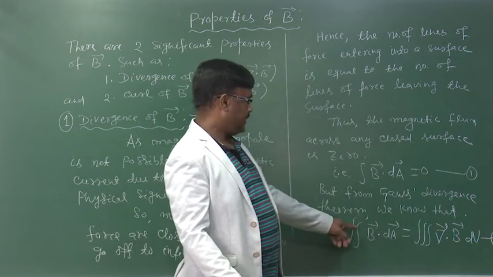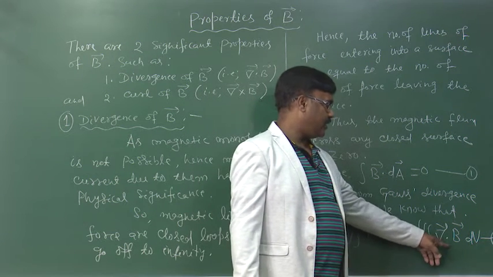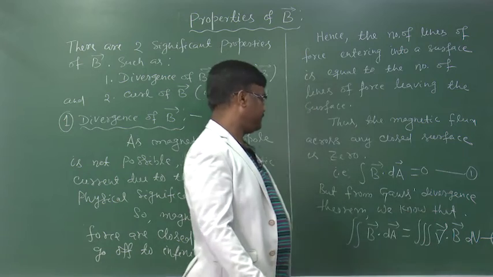That is, integration B dot dA equal to integration grad dot B dV. This is equation 2.